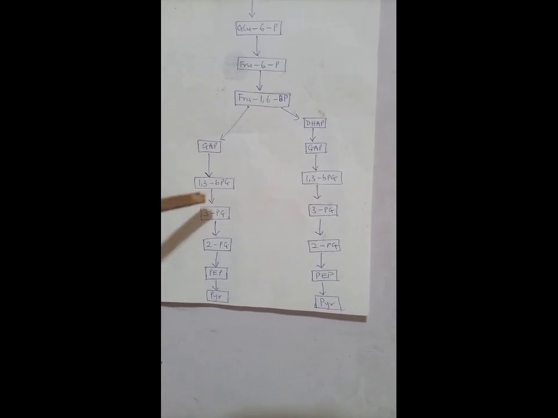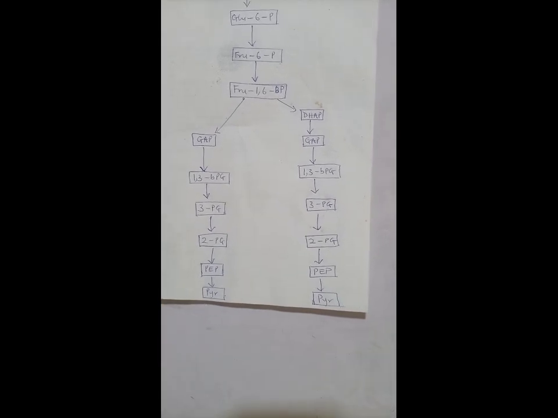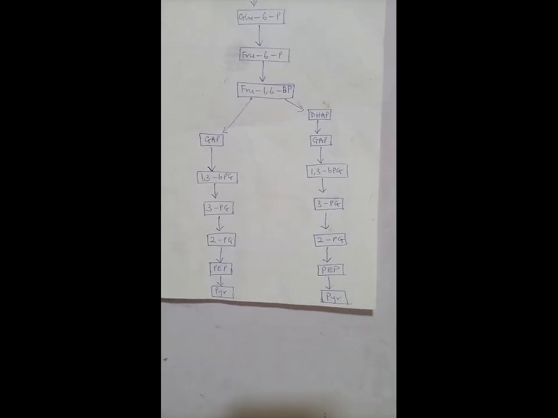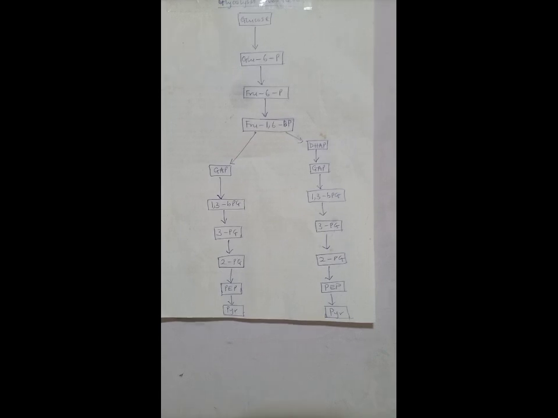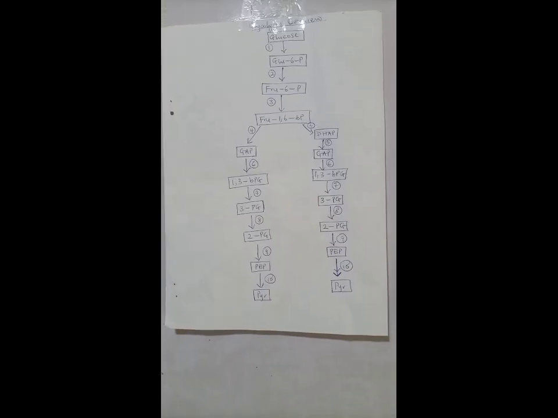Then glyceraldehyde 3 phosphate goes down the reaction to pyruvate, giving the second 5 steps. Now, this is the general overview. In the next slide, we'll be looking at the steps in the glycolytic pathway.